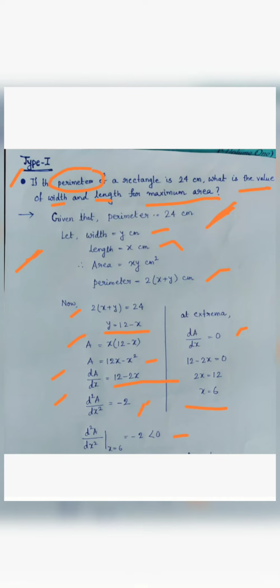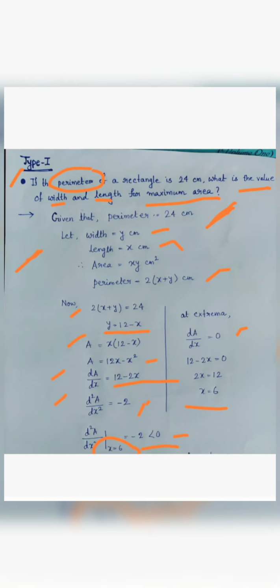And if it is greater than 0, then the function has minima at that point. Here the second order derivative is less than 0, so at x equals 6, the function has maxima.